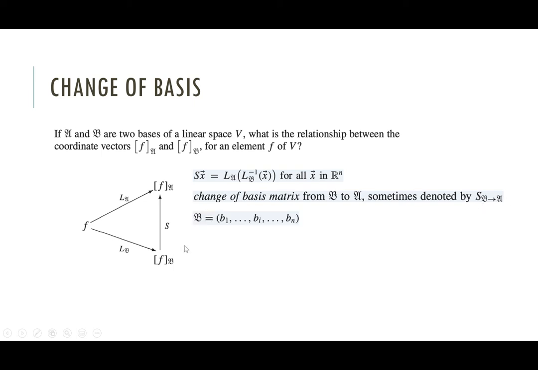Okay, here's our B basis. We've got basis vectors B1 to Bn. Then, finding the matrix that goes from these coordinates to these, the claim is, well, first, what happens when you first do the inverse coordinate transform with respect to B?